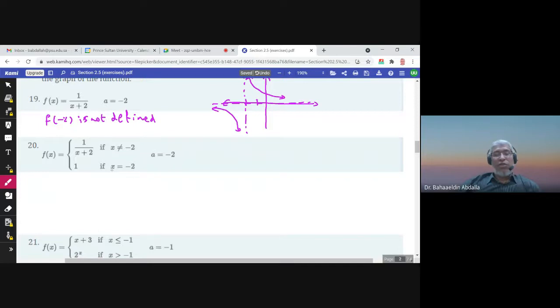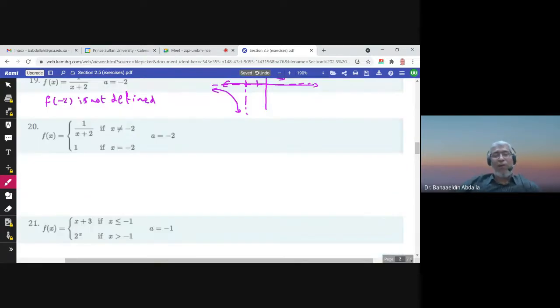For this function at -2, the question is why it is not continuous at -2. Well, it is defined at -2 because f of -2 is 1. But let us make sure that the limit exists. So let us find the limit when x approaches -2 from the right.